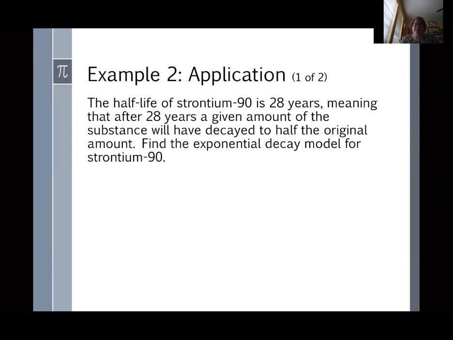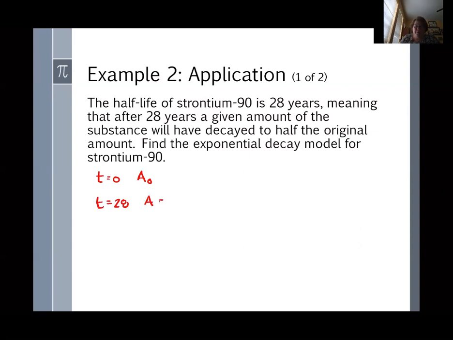All right, so what does it mean that the half-life is 28 years? At time t equals 0, if I start with an amount of this substance, A sub 0, this means after 28 years, I now have half of what I began with.